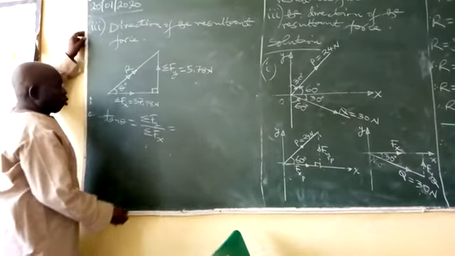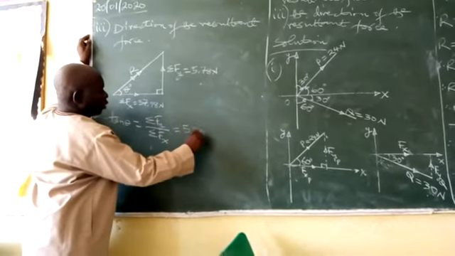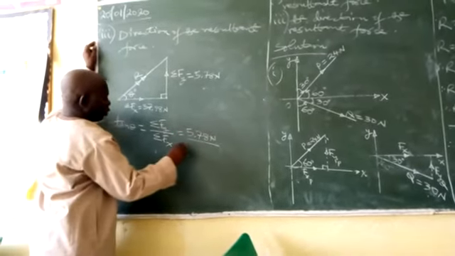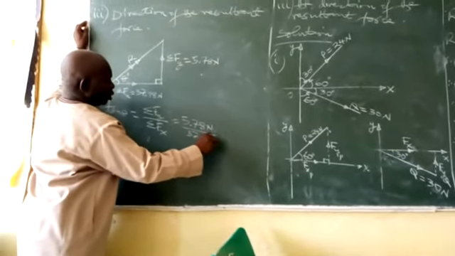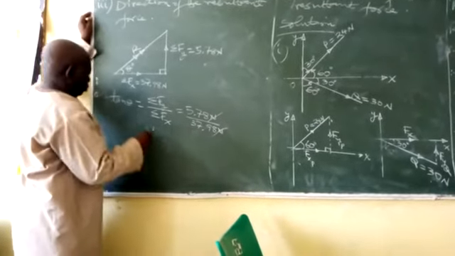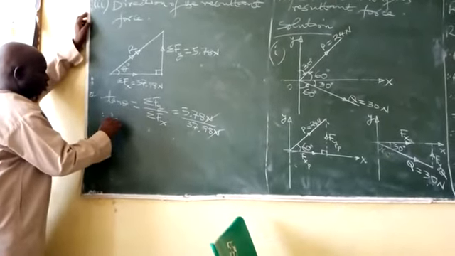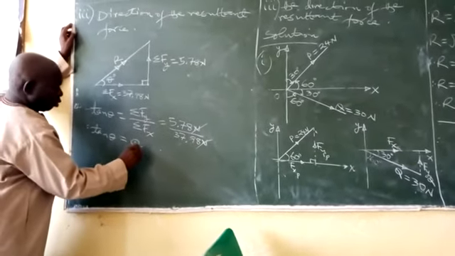Summation F sub y here is 5.78 Newton over summation F sub x, which is 37.98 Newton. Newton will cancel Newton. Tan theta equals 0.1522.